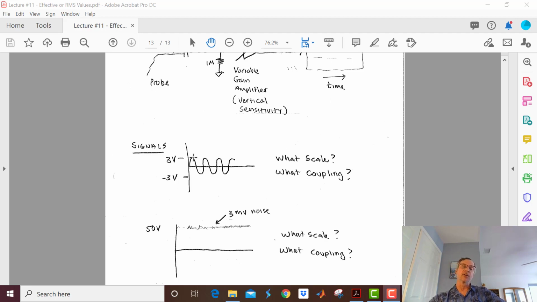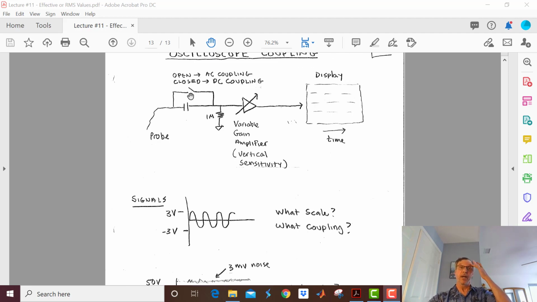And this signal has no DC offset. So I can take my switch and go open, close, and this signal isn't going to move. So the answer here is we want a volt per division, and what coupling? I don't care. We're always going to get a good signal that we can see.